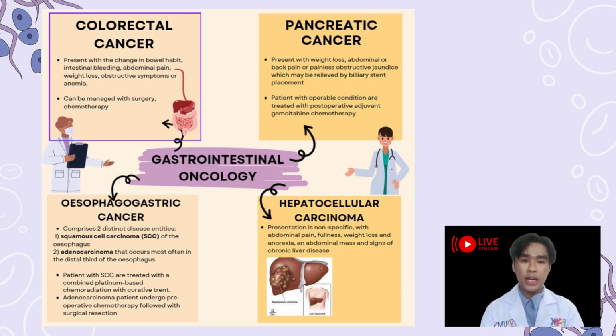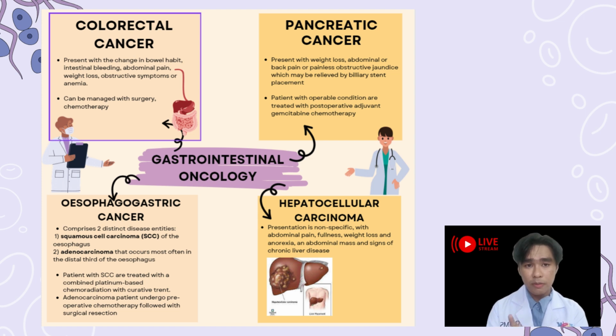Next up, we have esophagogastric cancer. This particular cancer comprises two different disease entities. First we have SCC or squamous cell carcinoma that presents in the esophagus, and also adenocarcinoma, the second type, that presents in the third distal part of the esophagus. How do we treat this type of cancer?